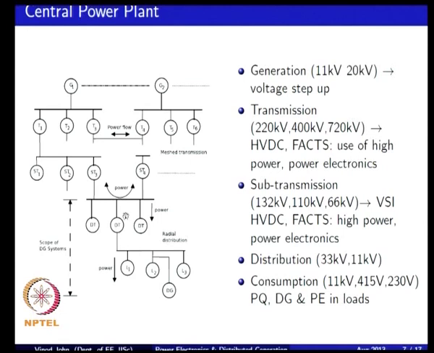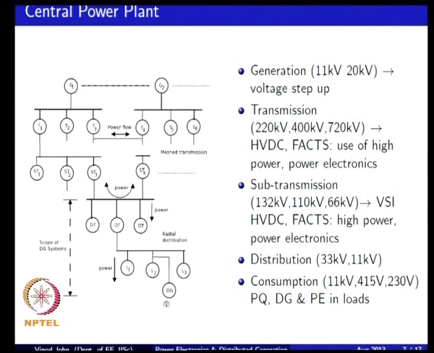When you look at the distribution, traditionally distribution is 11 kV, it can also be at 33 kV level, and when it comes down to the consumption point, it is typically 415 volts 3 phase or 230 volts single phase.